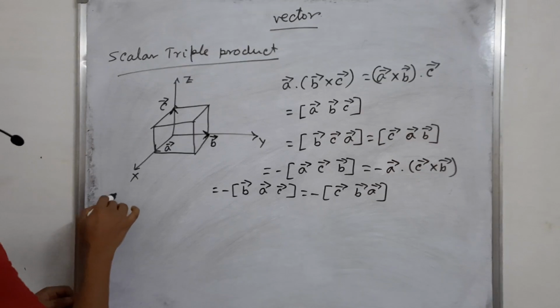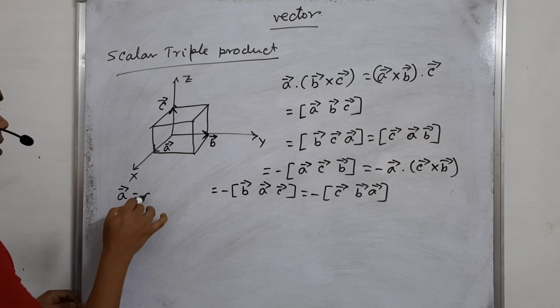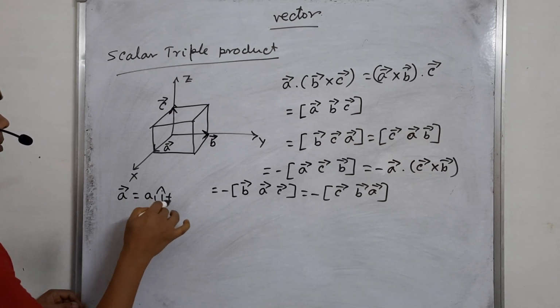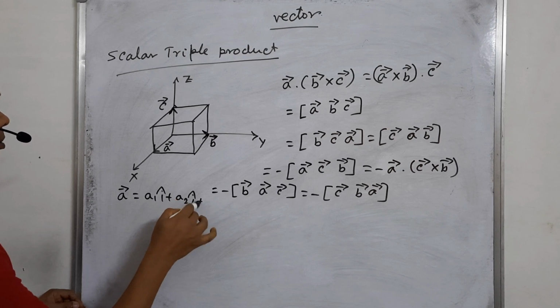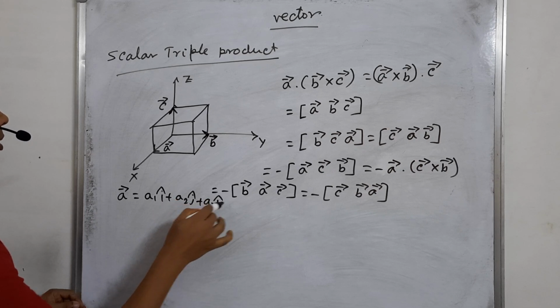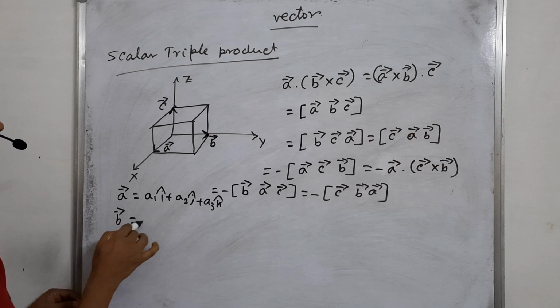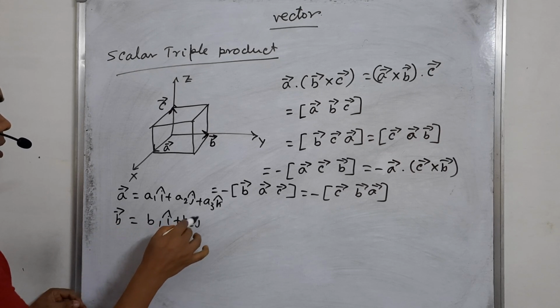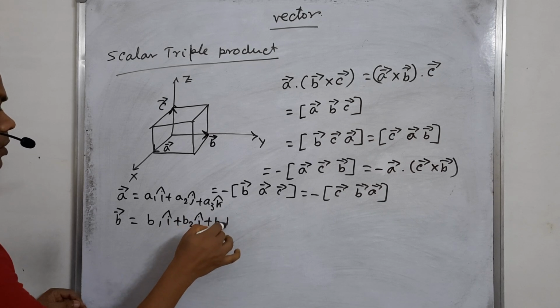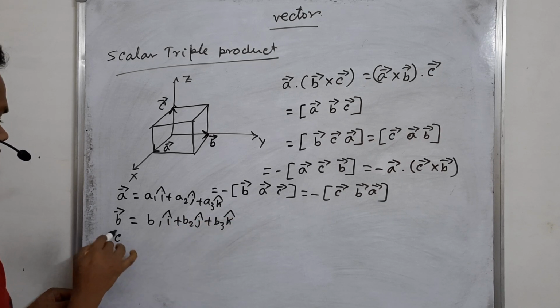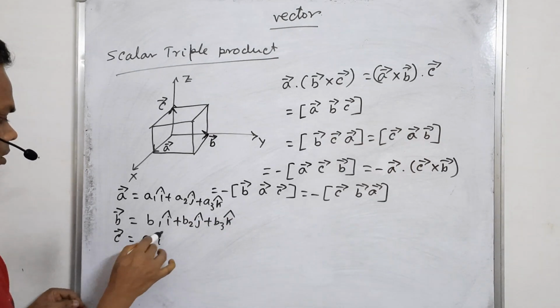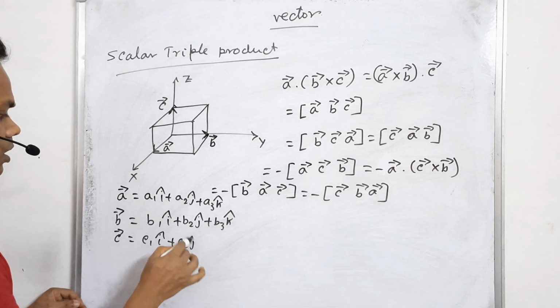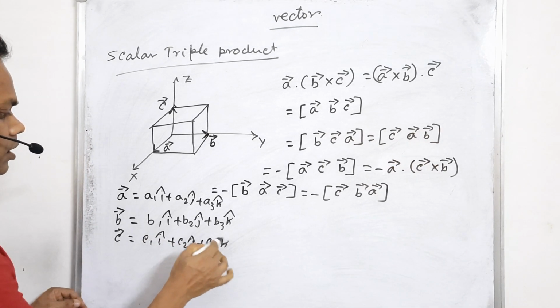This is the scalar triple product, and the value of this thing is a scalar quantity. Let us assume a vector is a1i plus a2j plus a3k, b vector is b1i plus b2j plus b3k vector, and c vector is c1i plus c2j plus c3k vector.